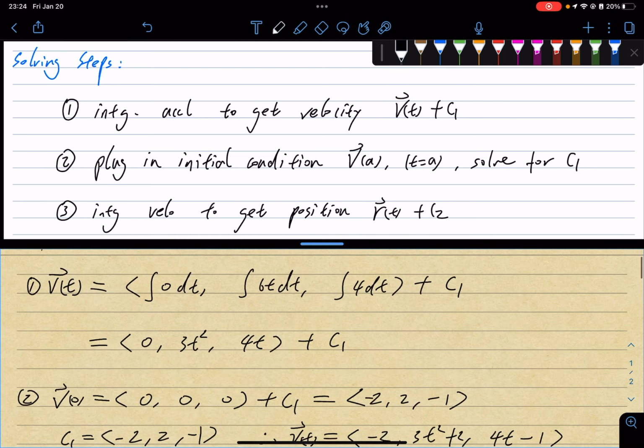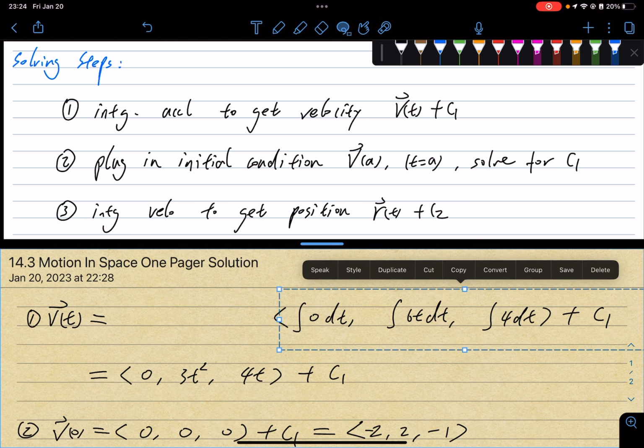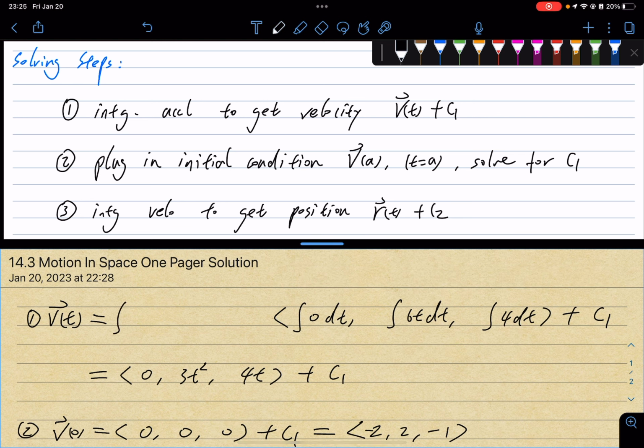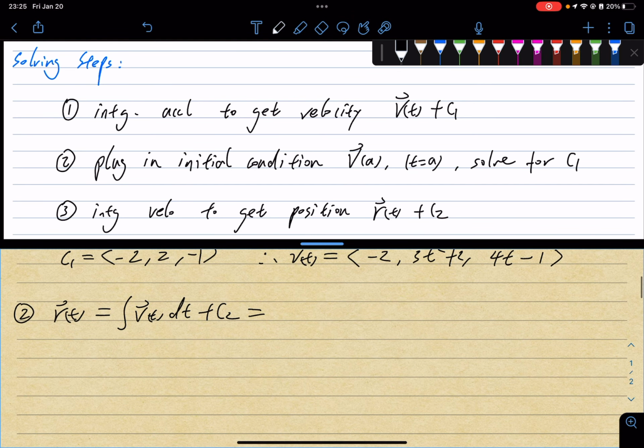And then maybe I can go back to here, put that down. So that's the idea.